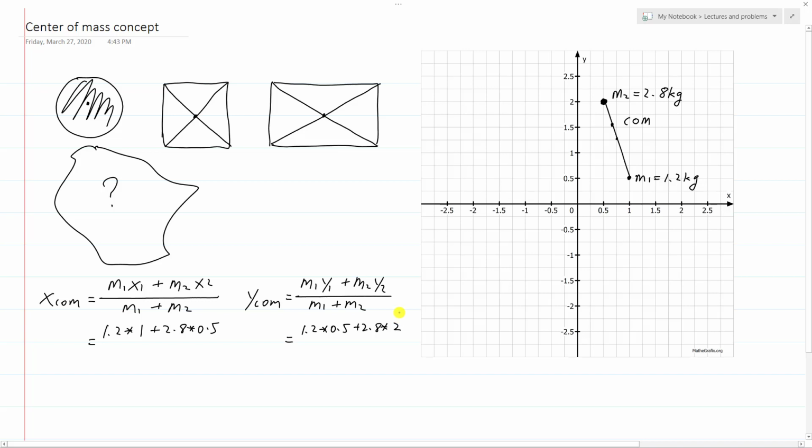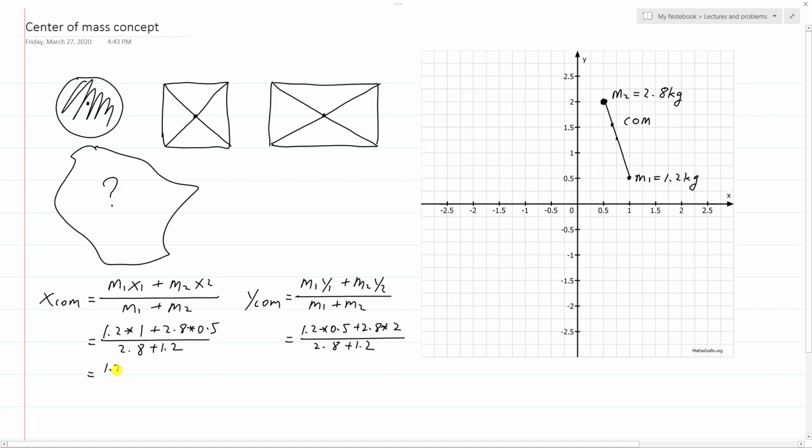And the bottoms are 2.8 plus 1.2, so the bottom is actually 4.